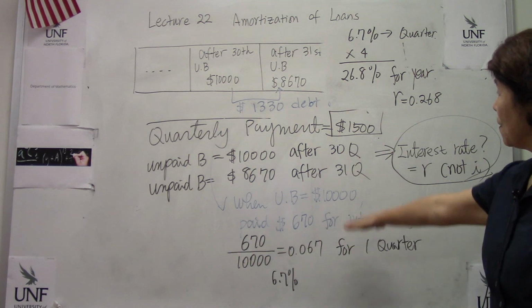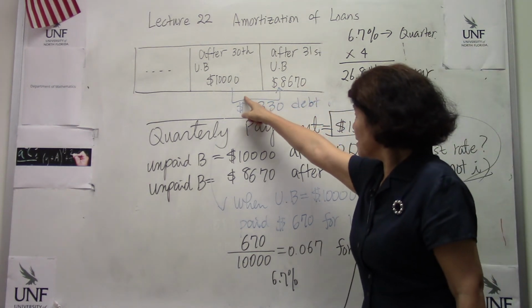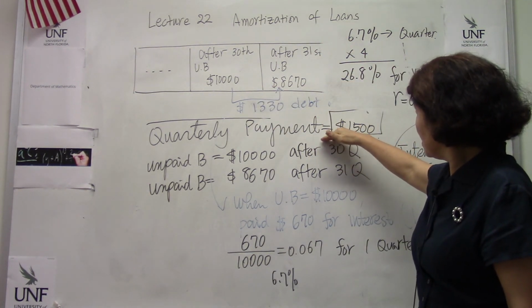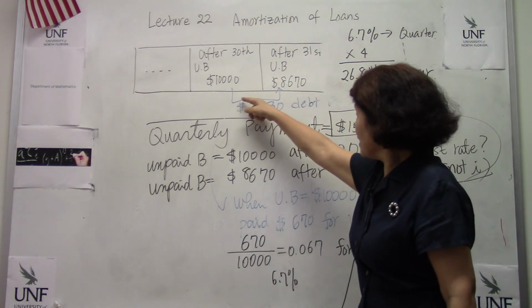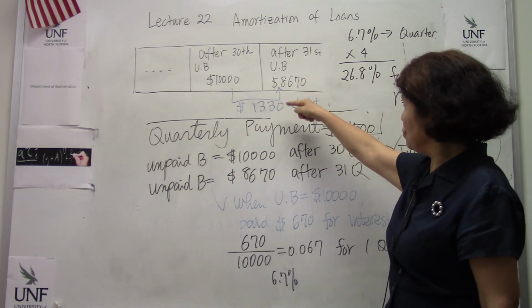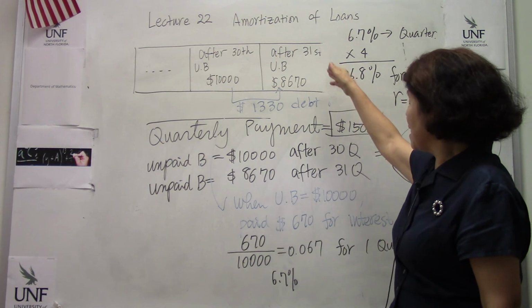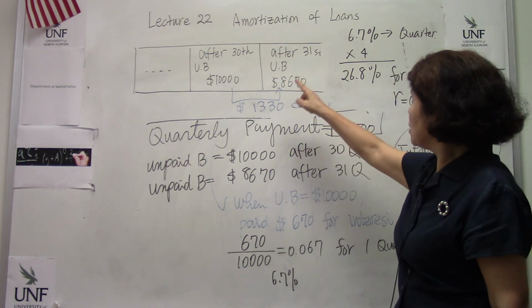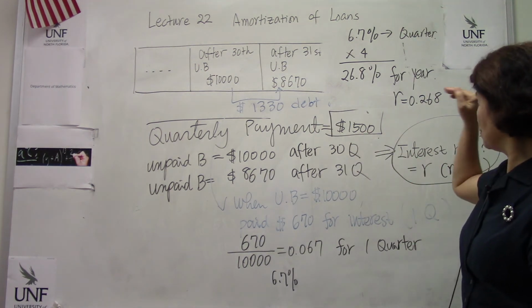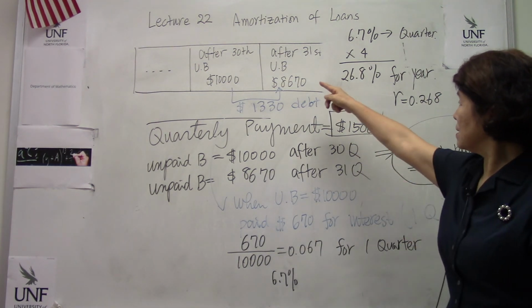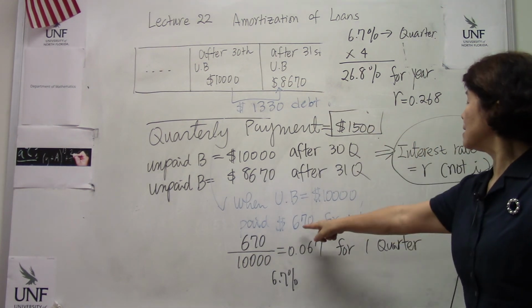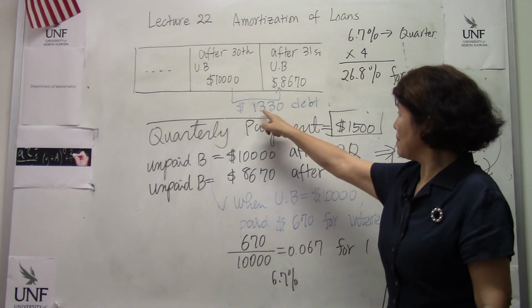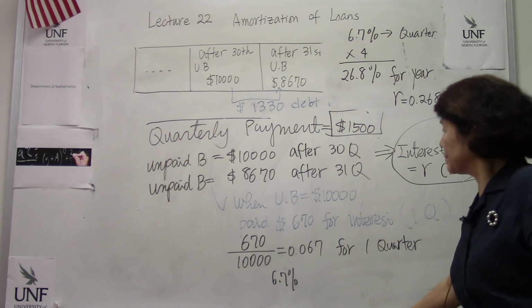Okay, so get the concept. You have the quarterly payment, and you are going to look at how much debt was reduced. That means that amount went to the principal, and the rest of the payment goes to interest, which is $670. Yeah, $1,500 minus this.